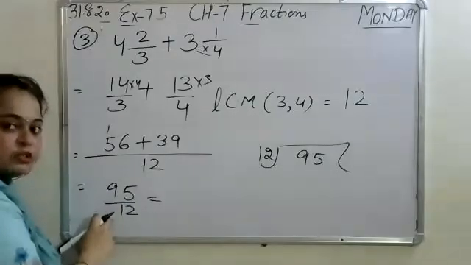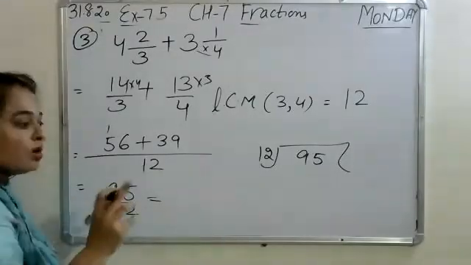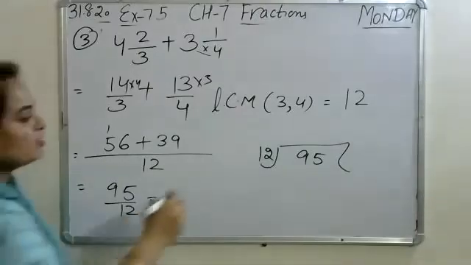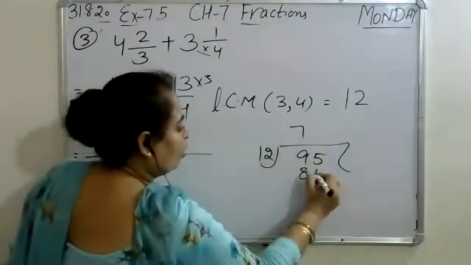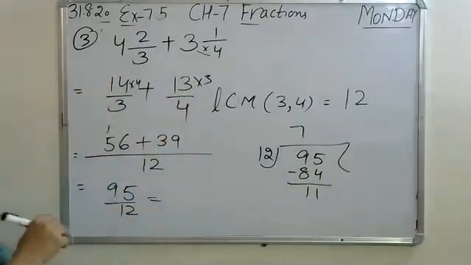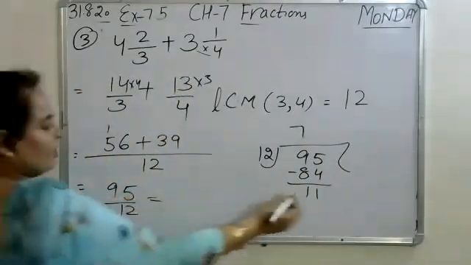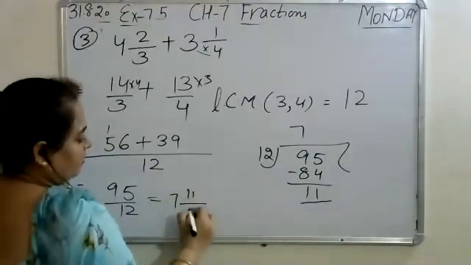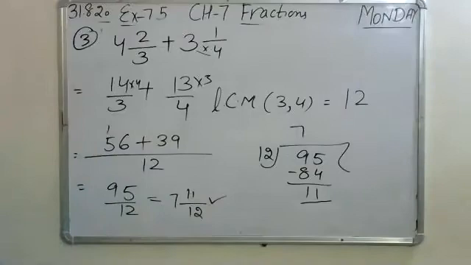If division is possible, then you have to convert this fraction to a mixed fraction. 7, 84, 11. So write down 7, 11 by 12. So this is your final result.